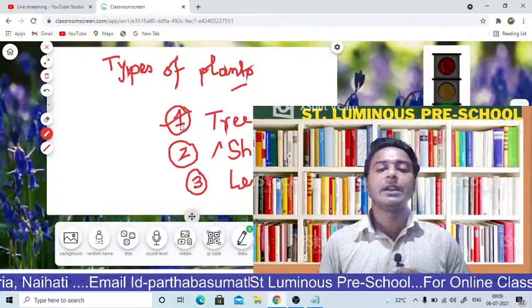The next portion of the plant, look here. Now I discuss the flower. The flower is the most interesting part.